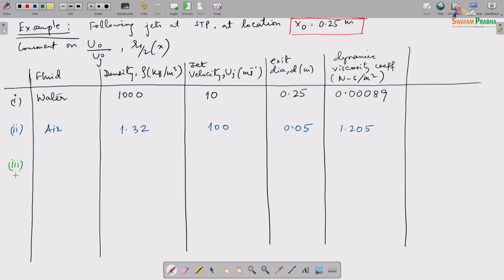Now castor oil: density is 956, Uj is 2, D is 0.5, and this is 0.65.